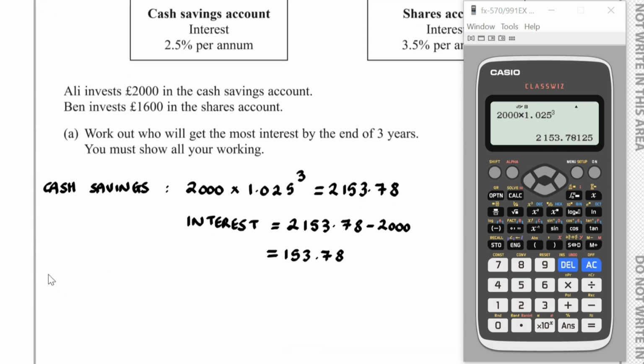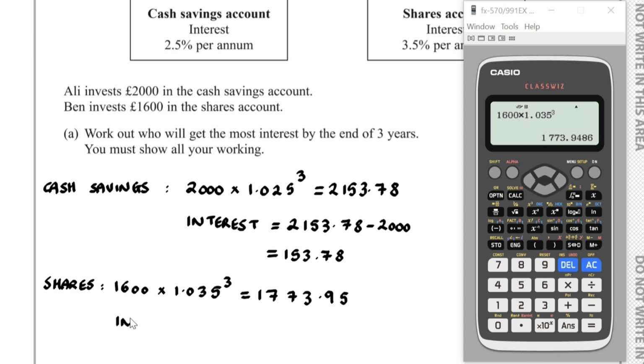And if we consider the shares account, I've got 1,600 multiplied by 1.035 to the power of 3. So I've got a value of £1,773.95.